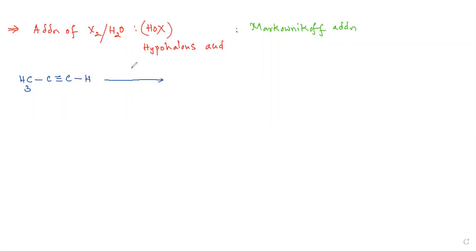This is treated with, say, hypochlorous acid, OH minus Cl plus, one equivalent.